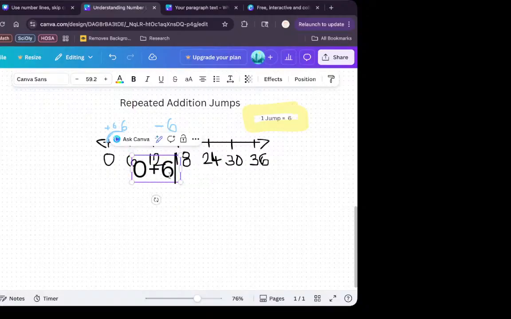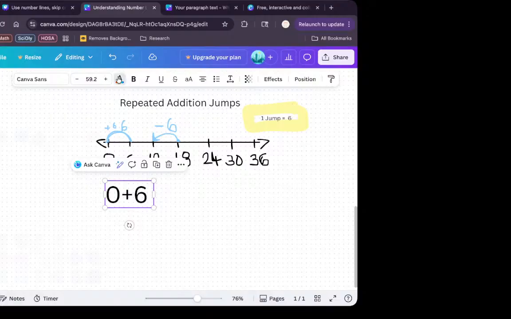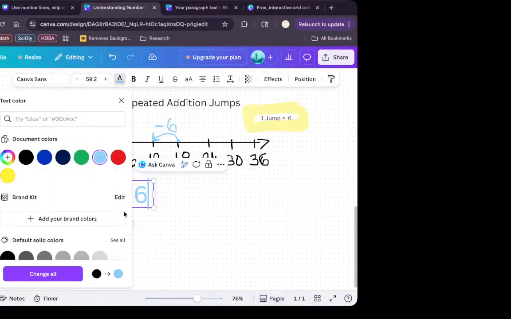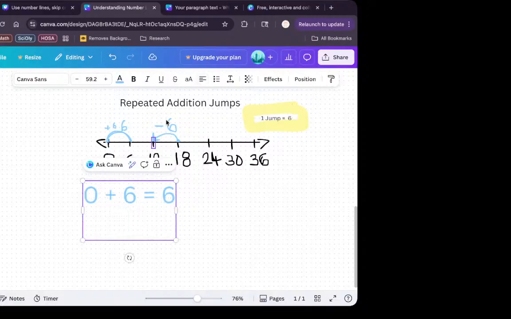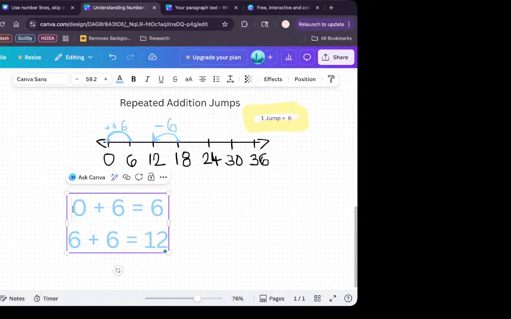And you guys also write this pattern in your notebooks. 0 plus 6, that is equal to 6, which we get here. 6 plus 6, that is equal to 12. Let's look back at our number line. Are we getting that? Yes, we are. Because 6 plus 6 is 12.